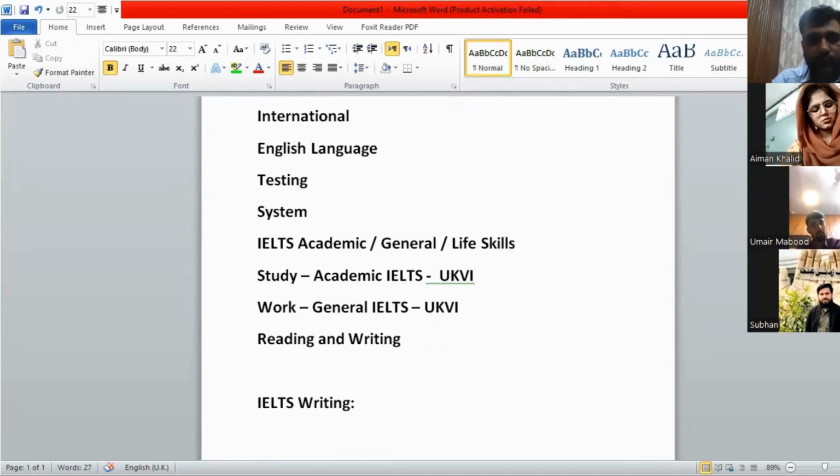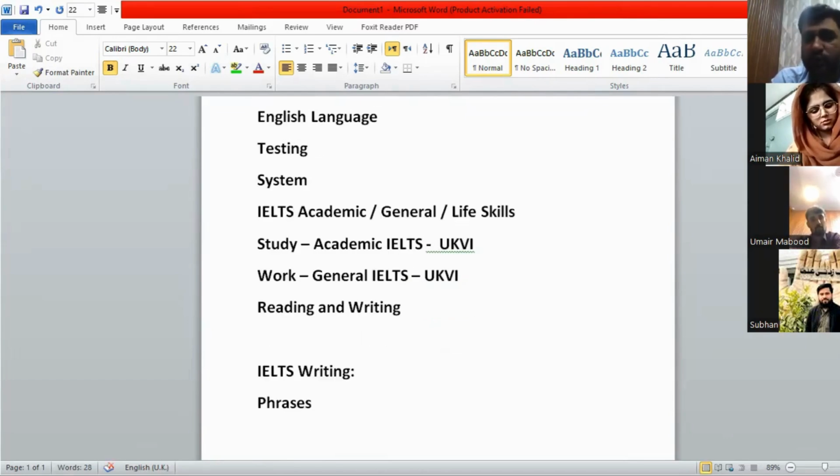First of all, the students are supposed to be taught about phrases. What is a phrase actually? A phrase is a group of words which doesn't make sense unless it is attached with a clause. For example, I say that I want to go to London.